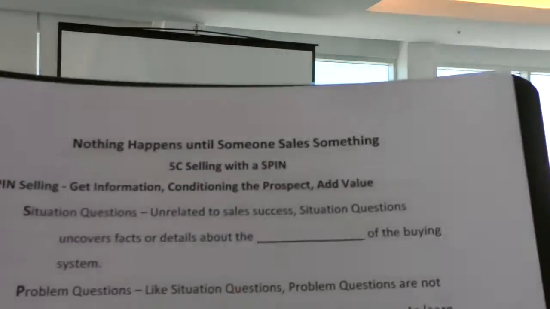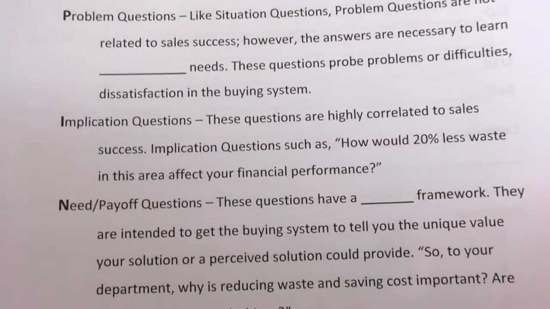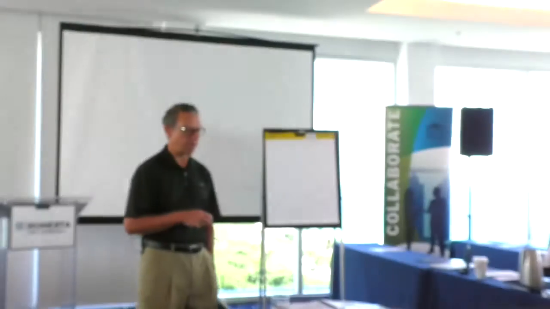What's going on in their business. Problem, like the situation question, problem questions are not related to sales success. However, the answers are necessary to learn implied needs. You're trying to learn more about what's going on in the organization, the opportunities or problems that they might have.